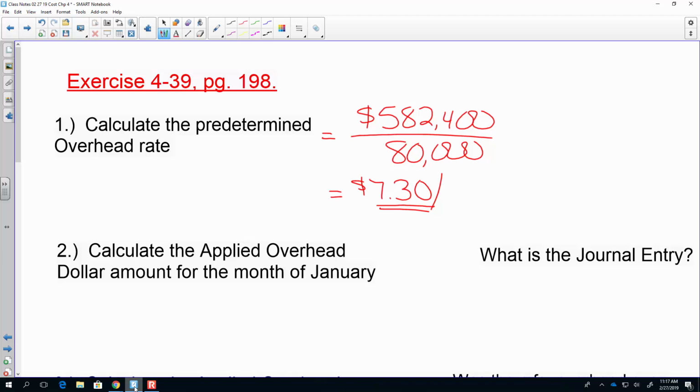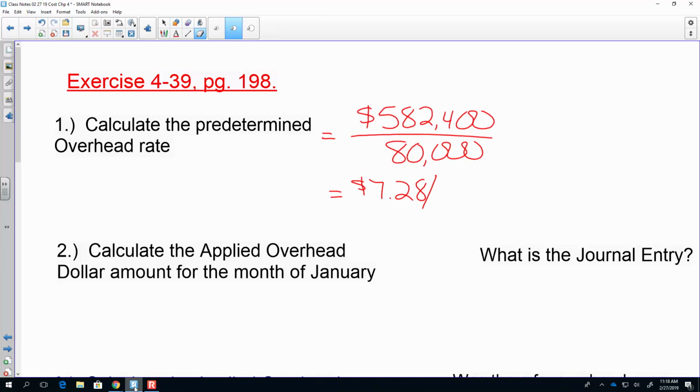It should be 7.28. Is that rounded then? Oh, it's exact. It came out exact? Yep. On some of your problems, you will have to round it to the nearest cent, which is 2 places.